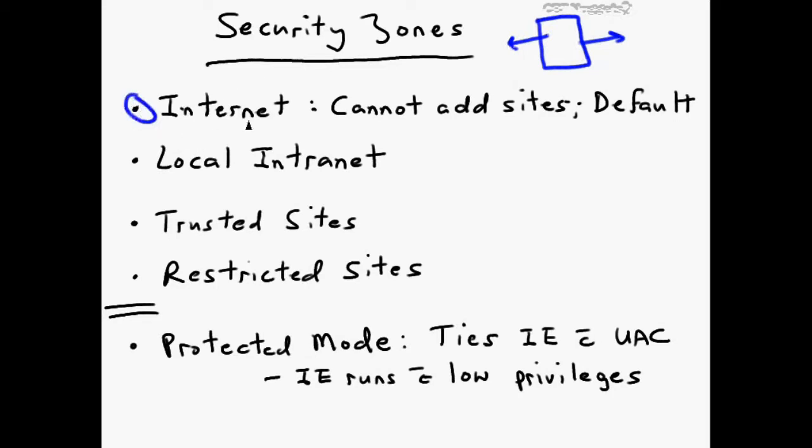The Internet zone is the catch-all bucket. This is the default zone to which a URL or domain is applied if it doesn't fit in any of the other zones. The thing about the Internet zone is that you cannot consciously add sites to the Internet zone. It's just an automatic deal that if you go out to google.com, for instance, you can rest assured that unless you put google.com domain in the trusted site zone, it will wind up in the Internet zone.